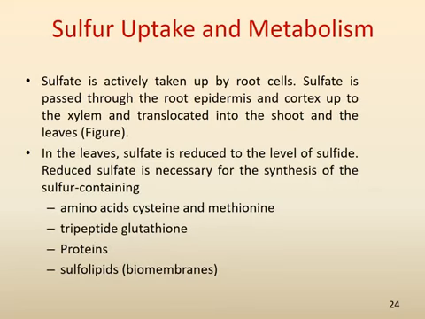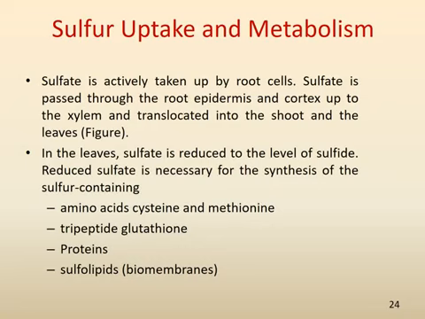Sulfur uptake and metabolism. Here is a summary of sulfur uptake and metabolism in plants. Sulfur is actively taken up by root cells in the form of sulfate. Sulfate is passed through the root epidermis and cortex up to the xylem and translocated into the shoot and the leaves, as shown in the figure on the coming slide. In the leaves, sulfate is activated in the cell.